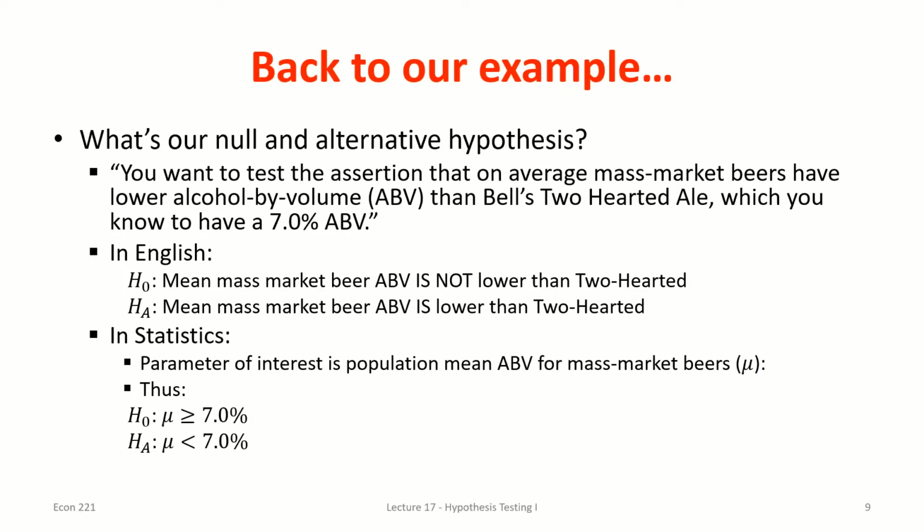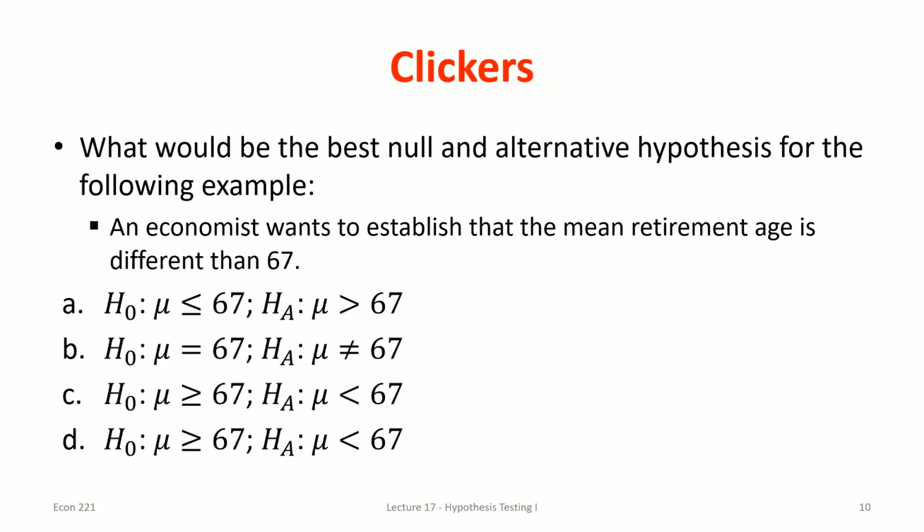Let's think about another type of example we could see, like an iClicker type question, or something you could see on a potential exam coming up. Let's say we were given the following options, and we knew that an economist wanted to establish that the mean retirement age is different than 67. Okay, so anytime we see this word different than, right, that's what we want to test for.